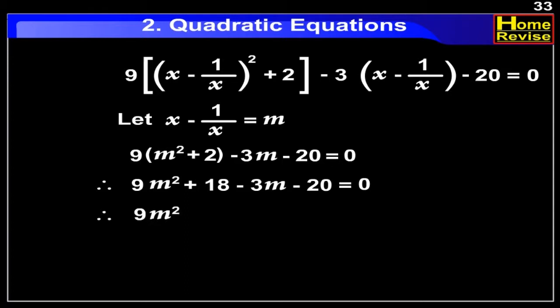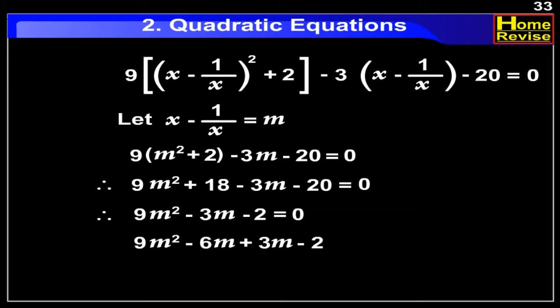Therefore, 9m² minus 3m minus 2 is equal to 0. Splitting the middle term, we get 9m² minus 6m plus 3m minus 2 is equal to 0.